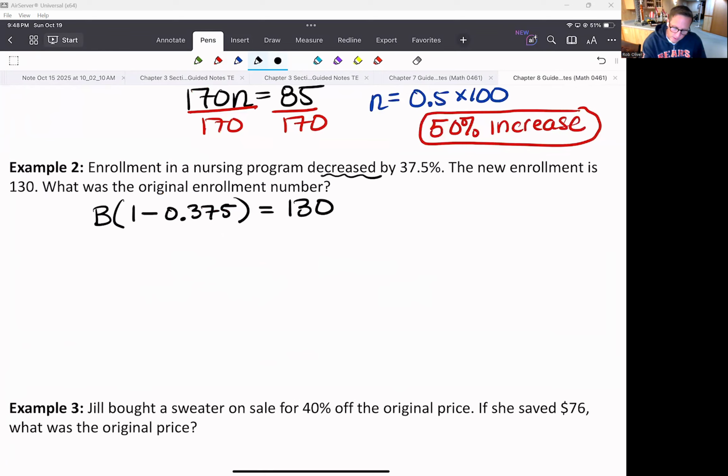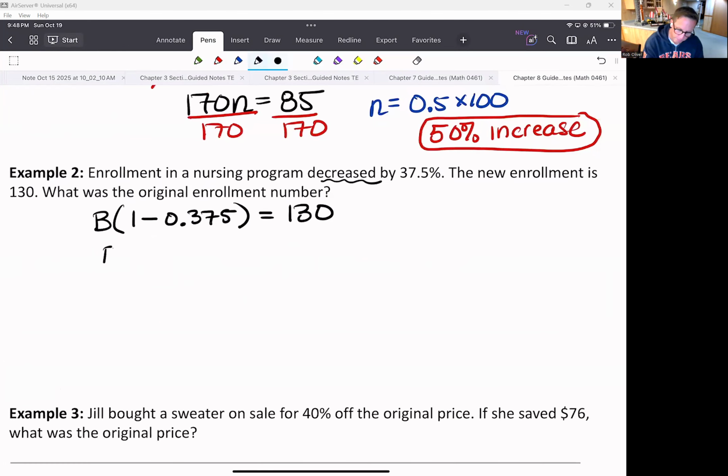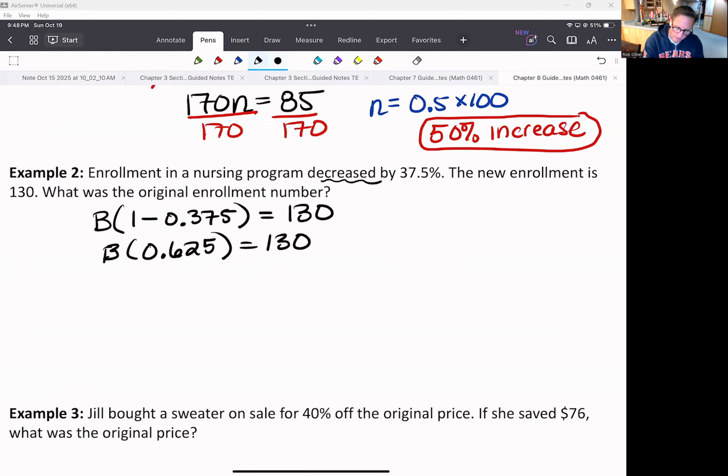And yeah, so then when we do 1 minus 0.375, I got B times 0.625. I'm going to write this algebraically like that, equals 130, and then divide by 0.625.